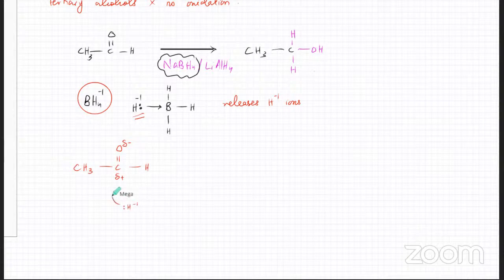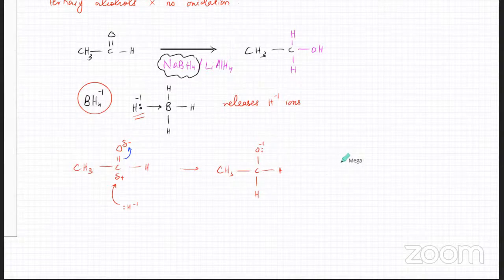This H minus 1 is going to get attracted to the carbon, which is partial positive. And as it gets attracted to it, the electrons over here are going to get repelled. The same intermediate would be formed, which is going to be CH3. And H would get added at the bottom. There's going to be an H already there. And the O at the top would turn into O minus 1.